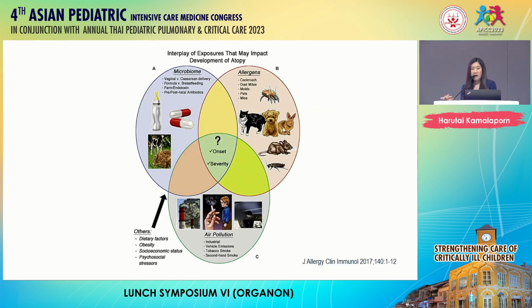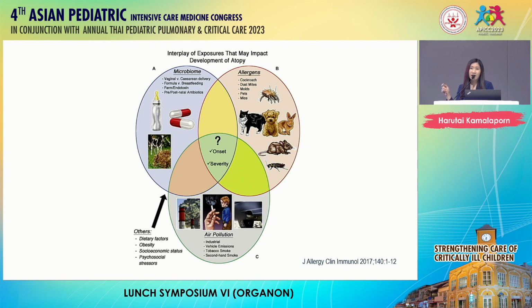So let's talk about the onset and the severity of asthma here. It is multifactorial, with the microbiome, endotoxin or farm exposure, prenatal and postnatal antibiotics, and allergen that I mentioned before, and air pollution, which is a serious problem right now in Thailand. I'm not sure about your country, maybe you face the same problems about air pollution.